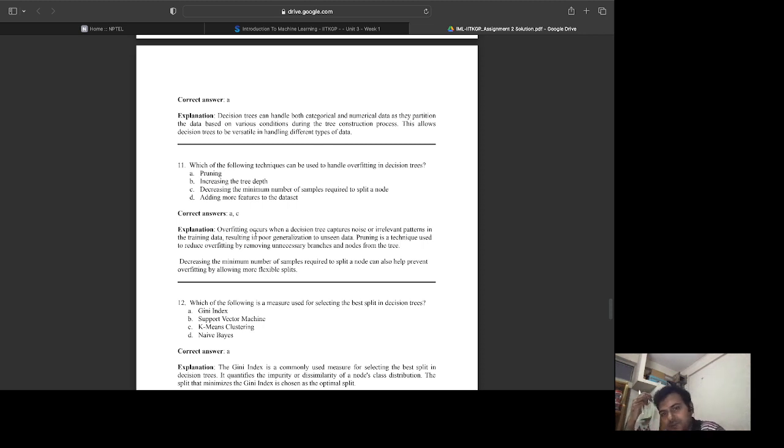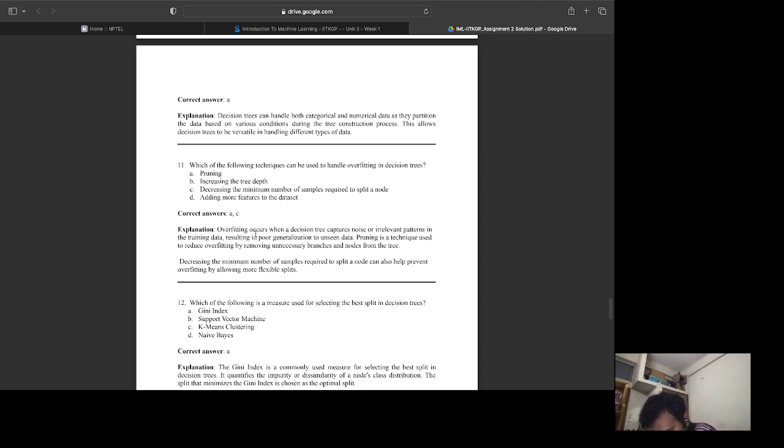Decreasing the minimum number of samples required to split a node. That will not help, it actually increases overfitting, sir. That is what we felt too, because whenever we decrease the minimum number of samples, we are overfitting again. We are trying to increase the tree depth.